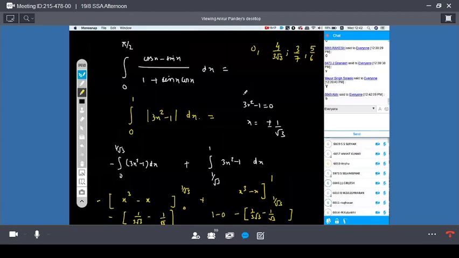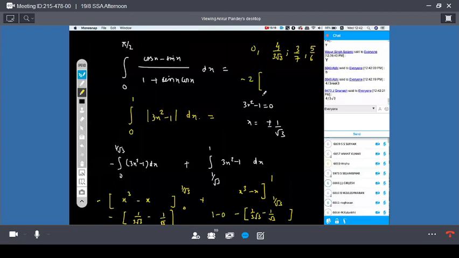So negative sign common, 2 times common, 1 by 3 root 3 minus 1 by root 3. LCM is 3 root 3. 1 minus 3 is minus 2. This minus and this gone. 4 by 3 root 3 is the answer. Got it?